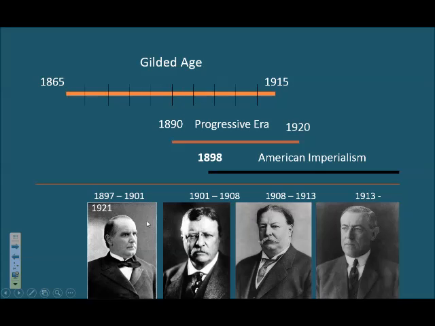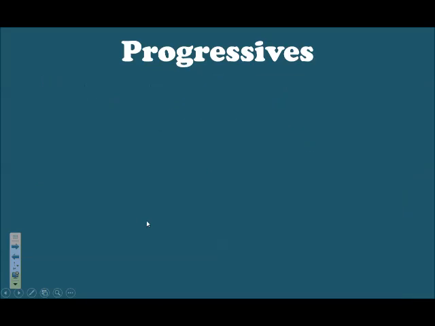Just to finish up a little bit about the progressives, the impacts of industrialization, the impacts of becoming modernized in the mid-1800s. They have had some bigger effects and ultimately will lead to industrialization.